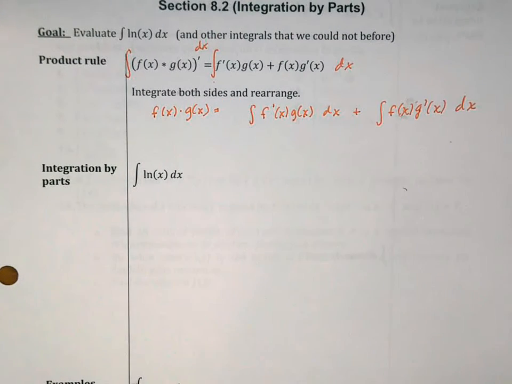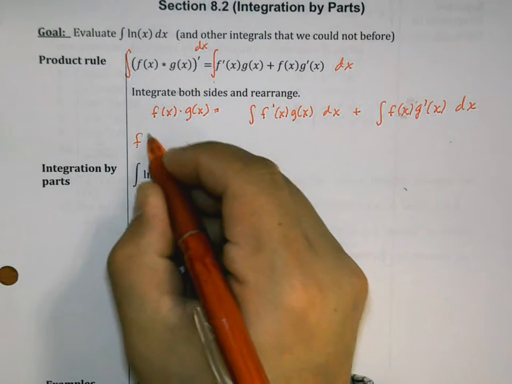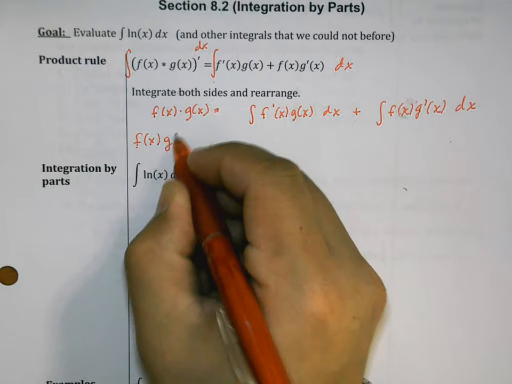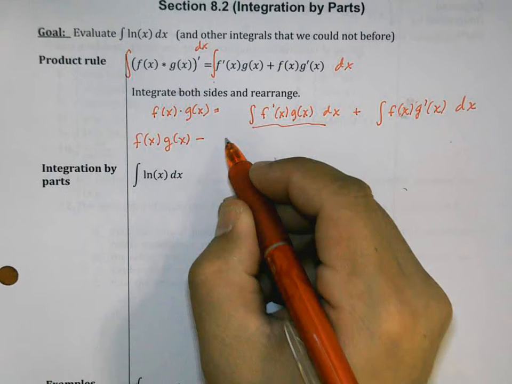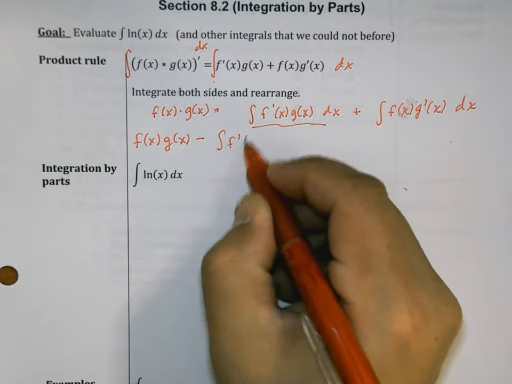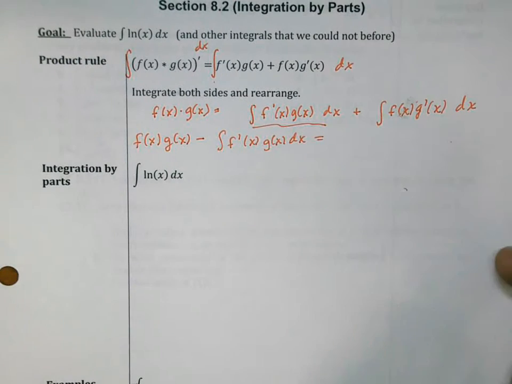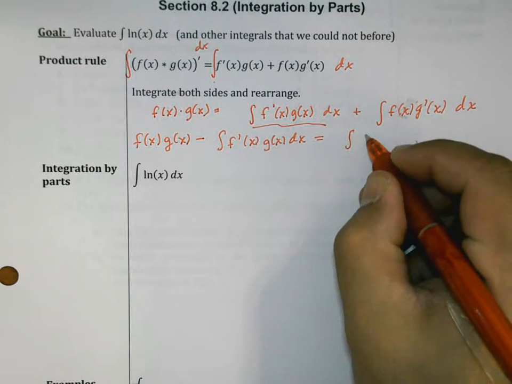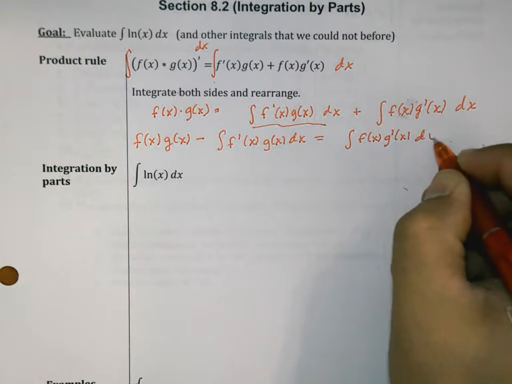dx. Okay. And if I want to go a step further, I can just rearrange and I get f times g minus this integral right here, the integral of f prime g dx is equal to the integral of f g prime dx.